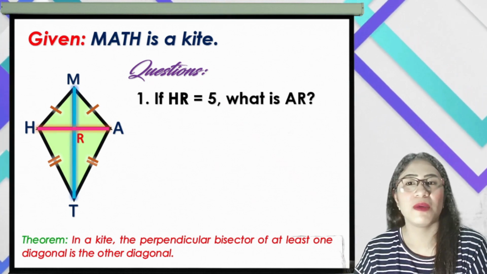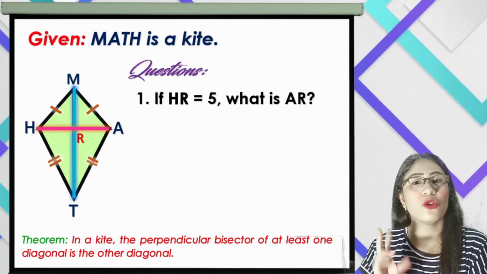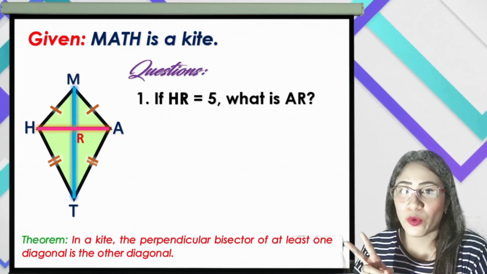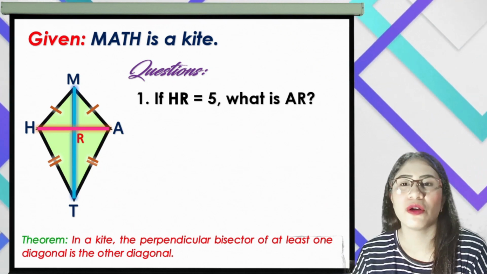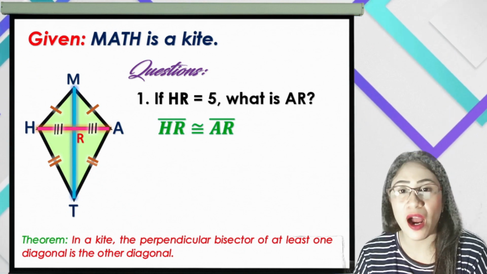Ibig sabihin, hinati ni MT si HA into two congruent segments at point R. Therefore, HR is congruent to AR.